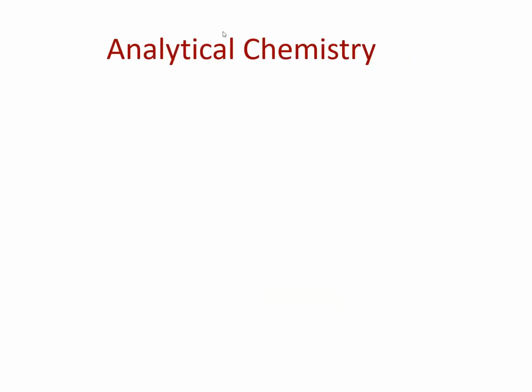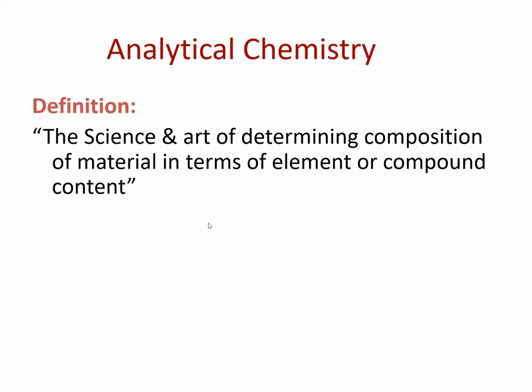Now, let's define analytical chemistry. Instrumental analysis, as you know, is part of analytical chemistry. So analytical chemistry, by definition, is defined as the science and the art of determining composition of materials in terms of the element or a compound content.